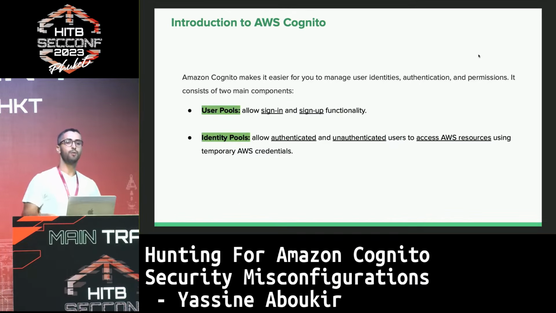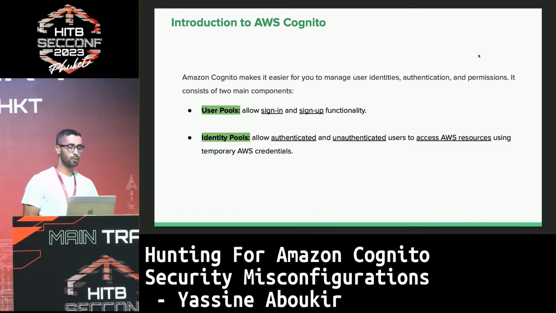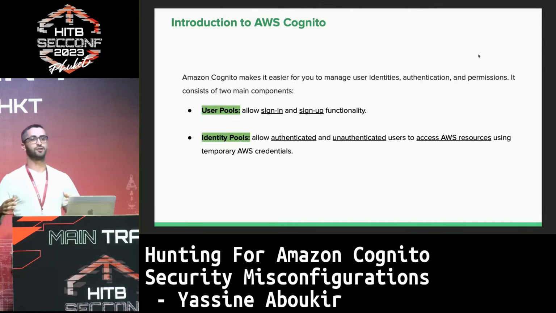When we talk about AWS Cognito, there are two concepts that are very important to know. The first one is the user pool. The user pool is responsible for the sign in and sign up part, the authentication basically. You can think of a user pool as a user directory where you can create users and onboard new user groups.